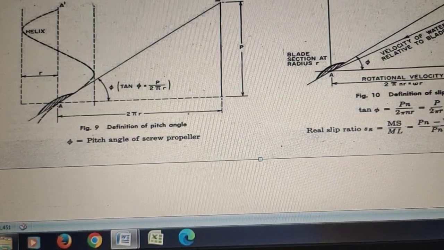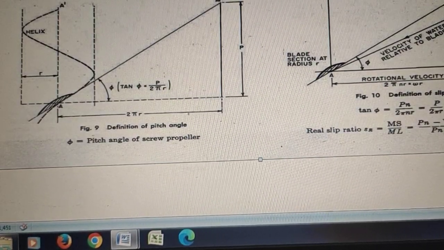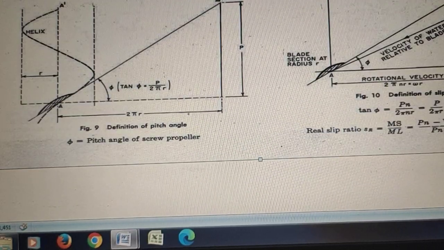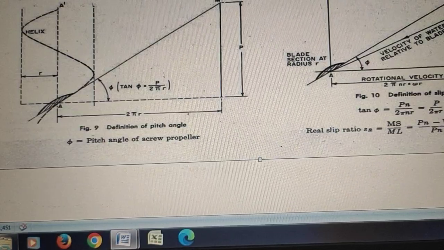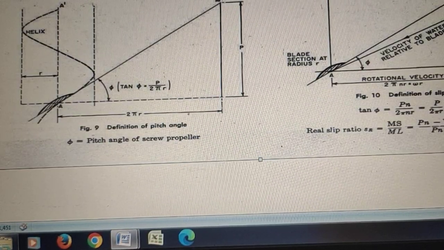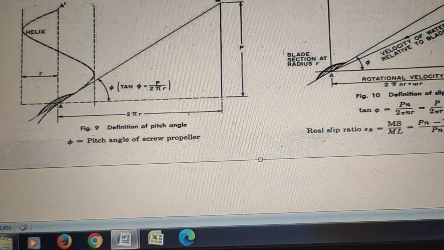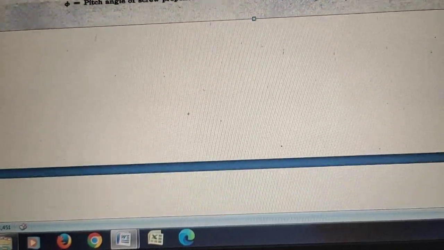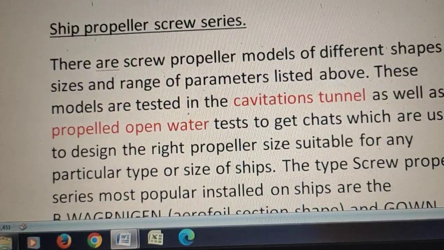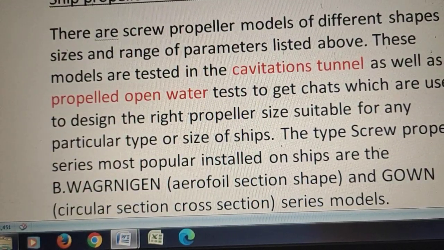This is what we call the slip. So the slip can be calculated as VA over Pn. P is the pitch, N is the number of rotation, VA is the speed of advance. Okay, we have met this speed of advance before, so when you know it, it's easy to calculate the speed.